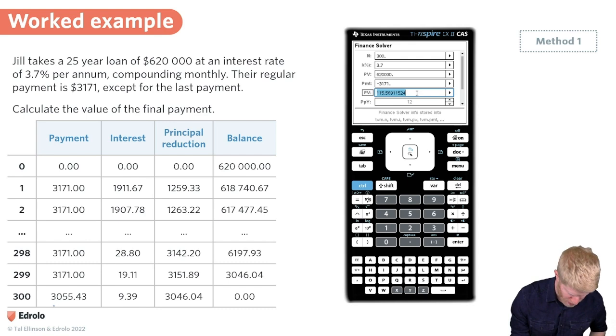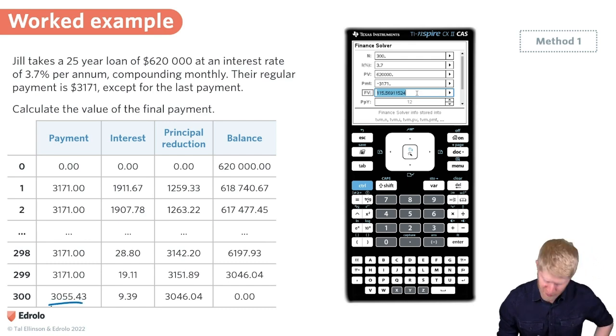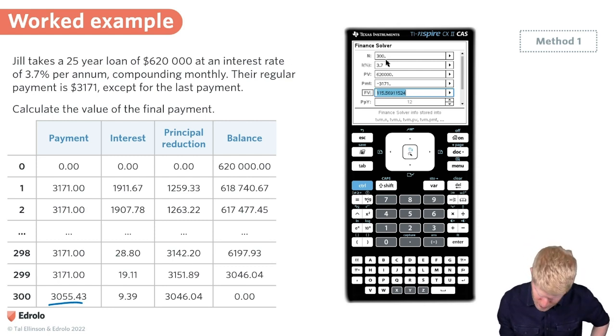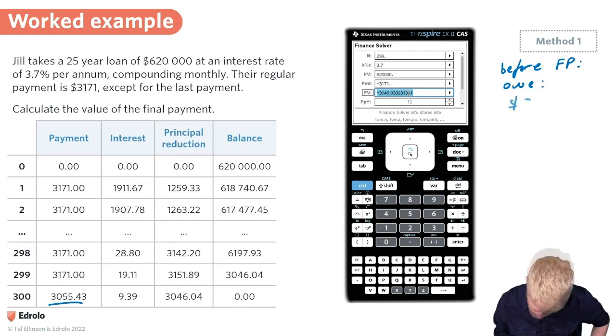How do we actually calculate this 3055.43? What we're going to do is method 1, which was first calculate the amount owing just before the final payment. So that was our $299. Future value, we owe $3046. So before our final payment, we owe $3046.04.